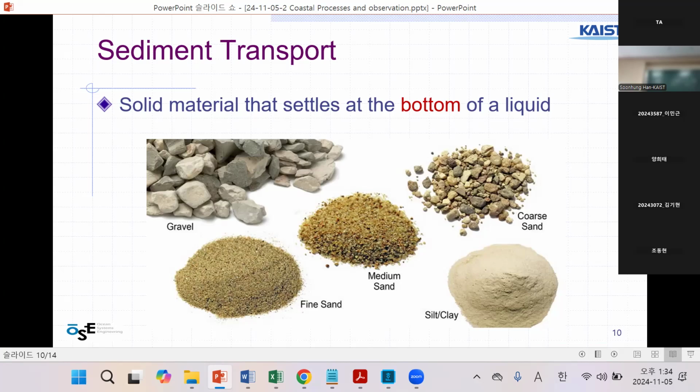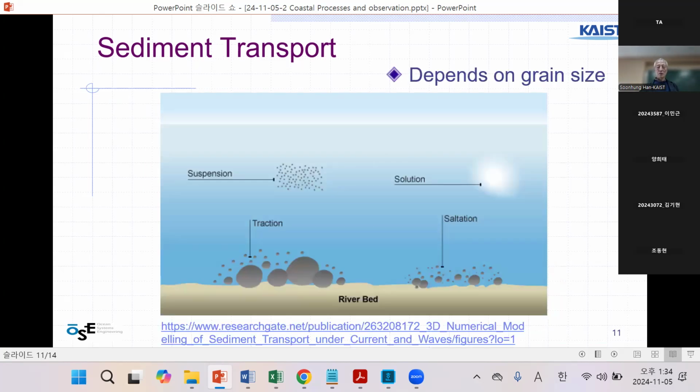So they depend on the water speed and water breaking. So for sediment transportation, depending on the grain size, there are also suspensions. If there is any suspension, you cannot see the water clear down to the depths because of the suspension.